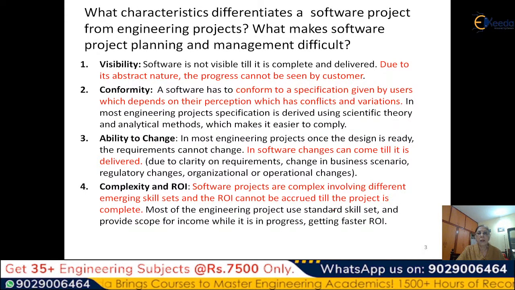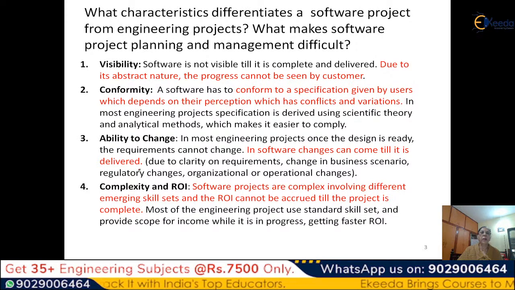This is one of the questions that normally comes in the exams. So when you write, you can write about these four characteristics: visibility, conformity, ability to change, and the complexity, which is connected, and also the return on investment, ROI.